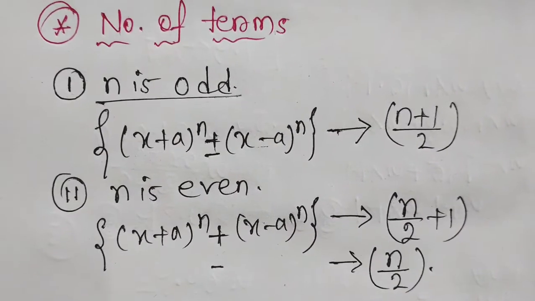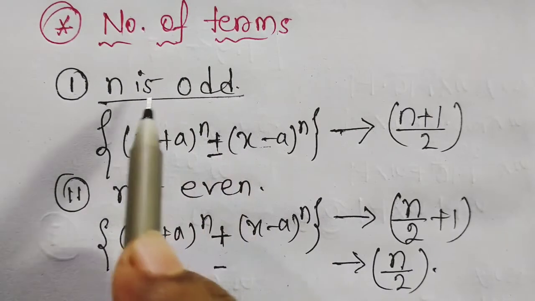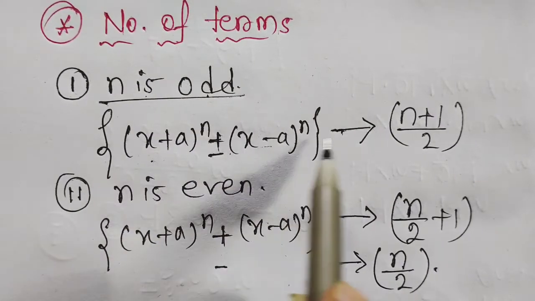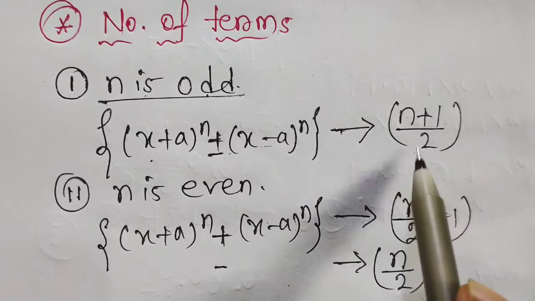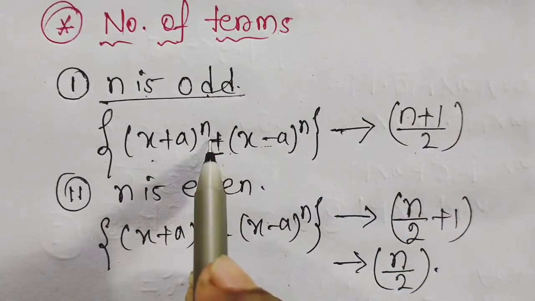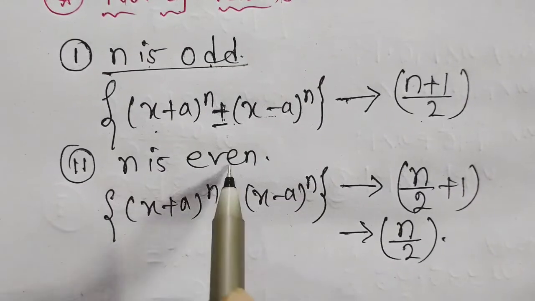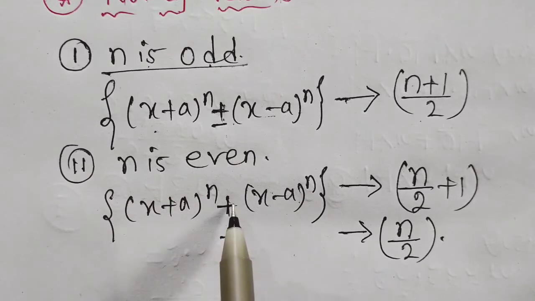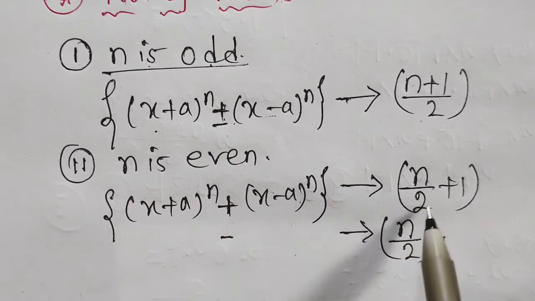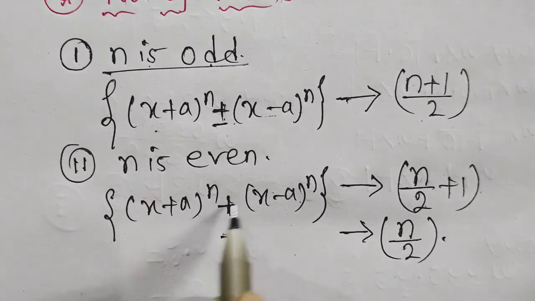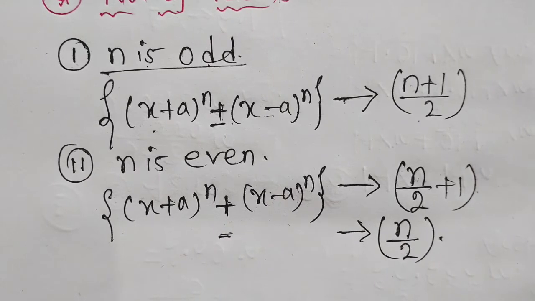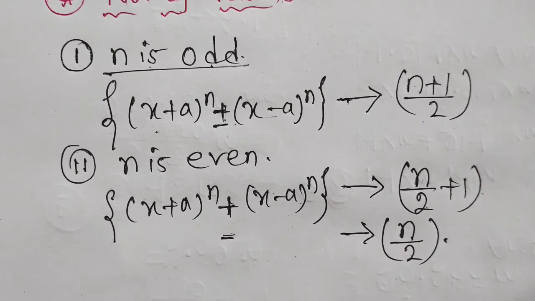Understood? So what is the number of terms of this function? If n is odd, then the number of terms is n plus 1 by 2, both positive or negative. And if n is even, the number of terms, if positive here, then n by 2 plus 1, and if negative here, then it's n by 2. Now try to solve some questions.